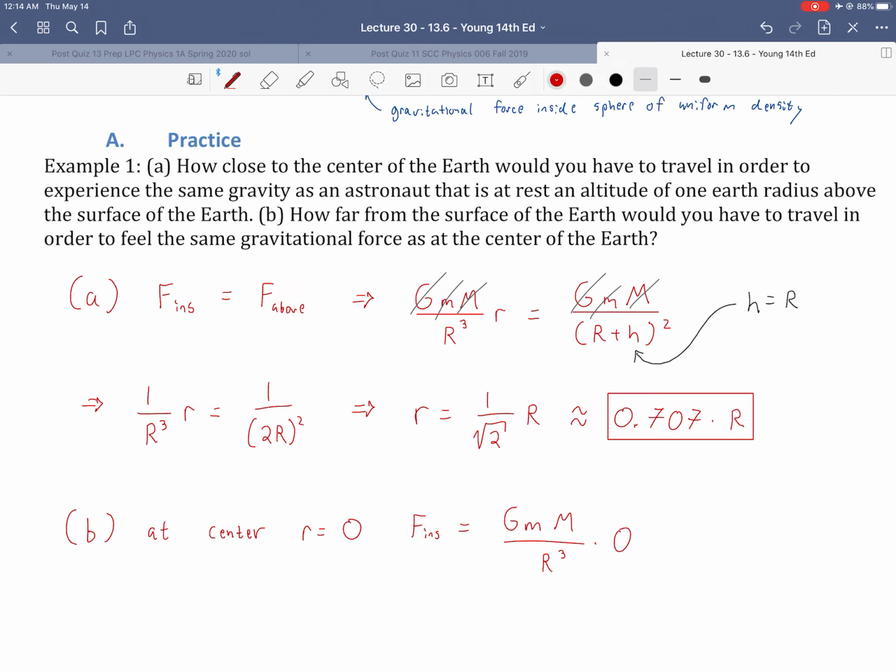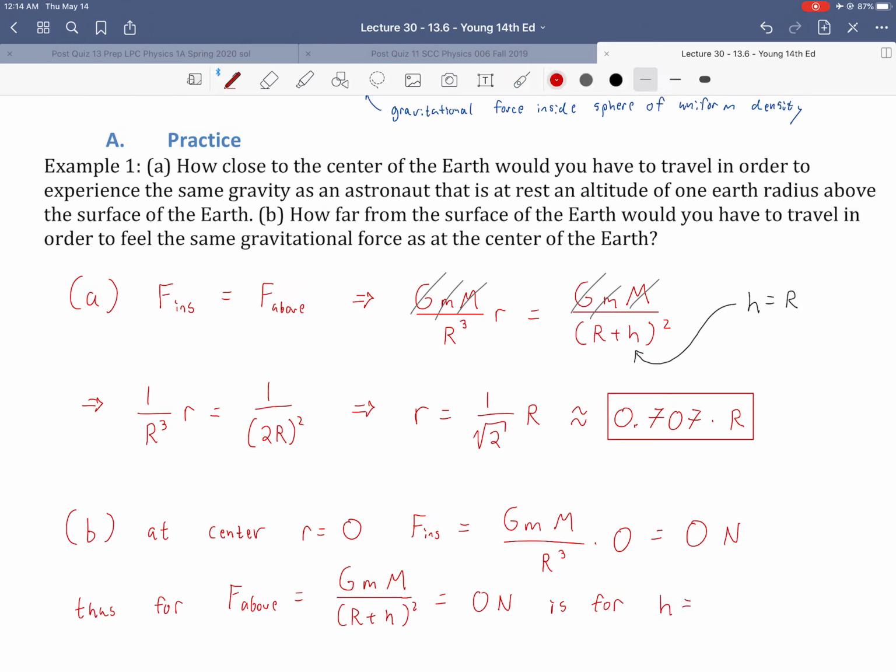So the force is 0 newtons. And so the only way for that to match F above, which would have the form G little m big M over the radius of the Earth plus some height squared, the only way for that expression to equal 0 newtons is, well, r is not the variable, that's just a fixed value of the radius of the Earth.